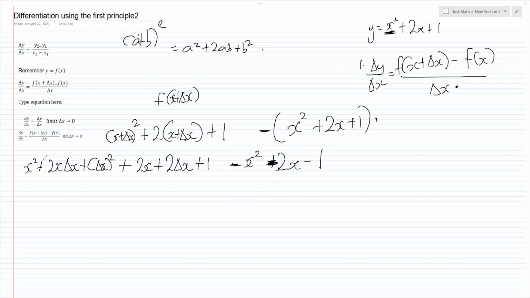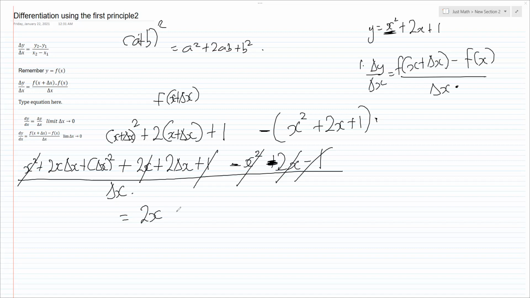Now we can start to cancel: x squared minus x squared, 2x minus 2x, 1 minus 1. What are we left with? We're left with 2x delta x plus delta x all squared plus 2 delta x, and everything is over delta x.